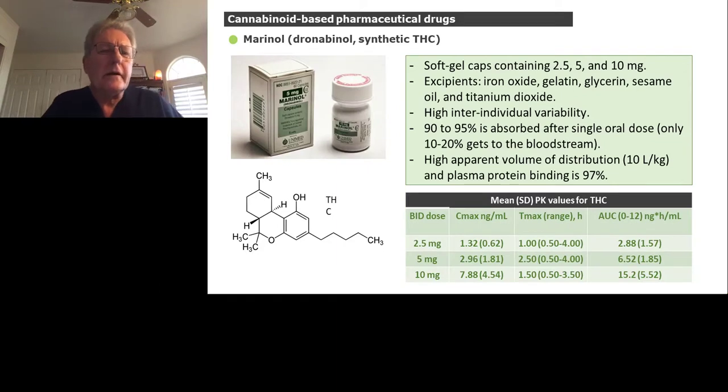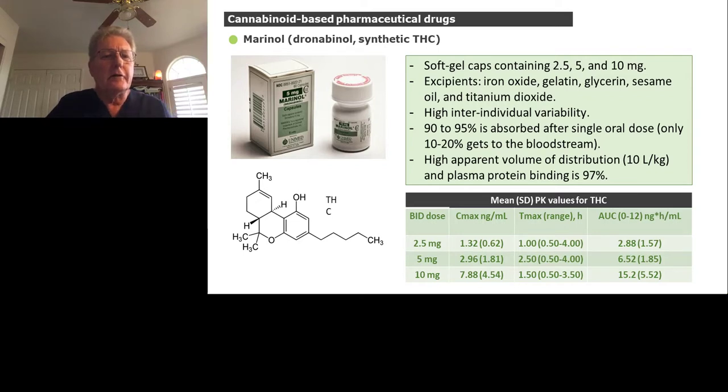Sorry about that. So let's quickly look at the first and a number of the FDA-approved cannabinoids. Marinol was the first to be FDA approved, back in 1985.